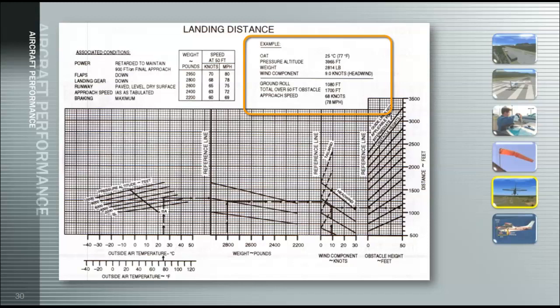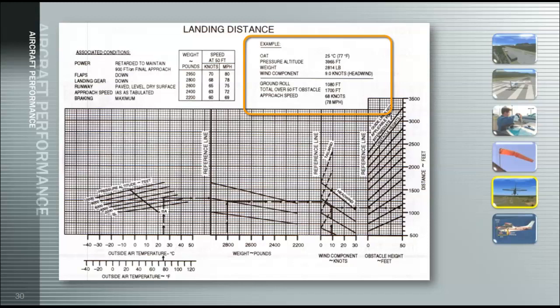So let's look at the example on the chart. You start at 25 degrees C on the left, and you draw a straight line up to the pressure altitude of 3,965 feet. From that point, you draw a straight line to the right to the next reference line. And then you follow the line parallel down until you reach the weight of the aircraft, 2,814 pounds.